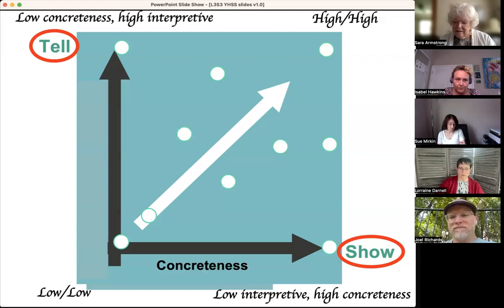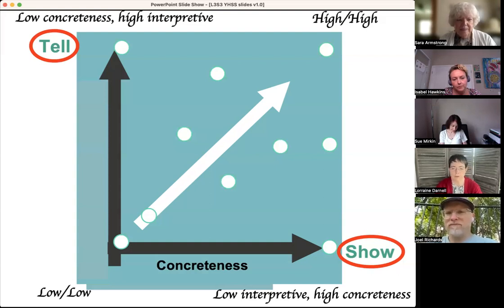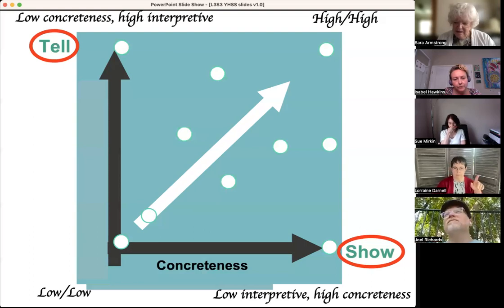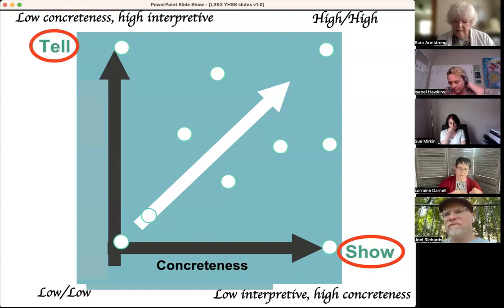So you can say I'm three-quarters of the way up on interpretive language, and that puts you somewhere. If you drew a horizontal line, that would be the line of this particular level of interpretive language.